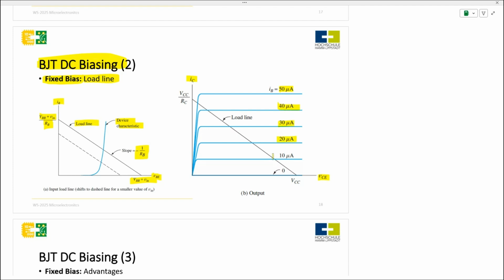This is our output, because IC is in the output. So this is our output characteristics, and here is our input load line.